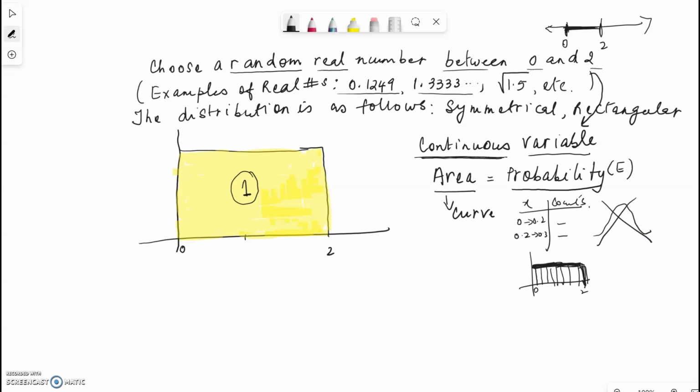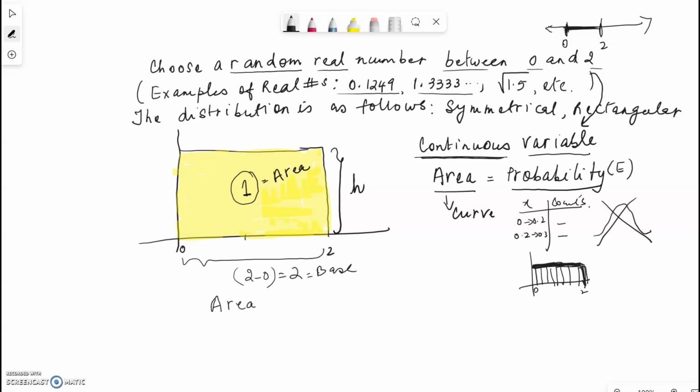Okay. So the base goes from 0 to 2. So 2 minus 0 is the measurement of the base. So that's your base. The height, let's say we call it h because we don't know what it is, and this is equal to area. We need to know the height.